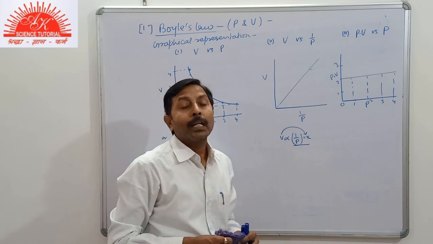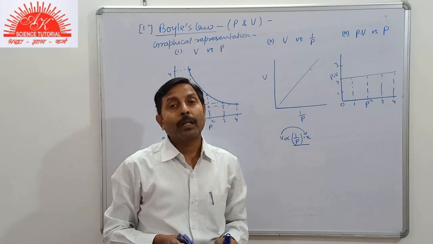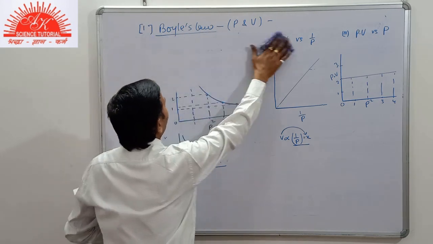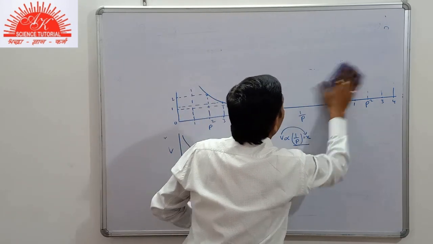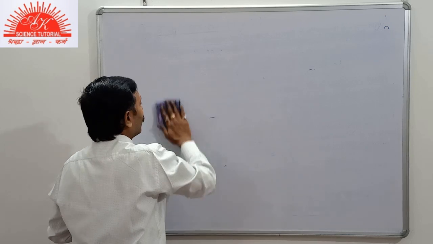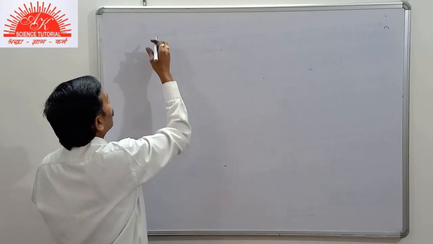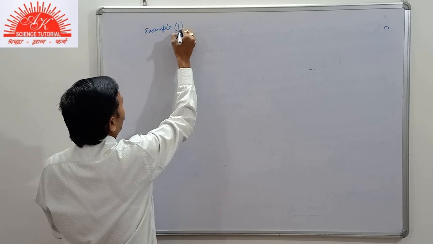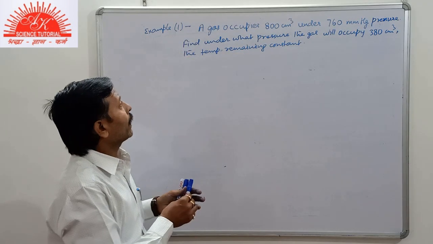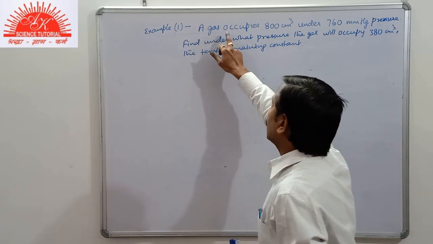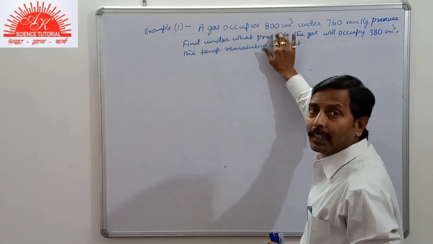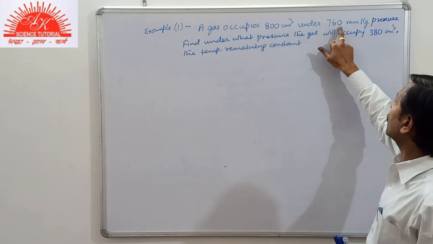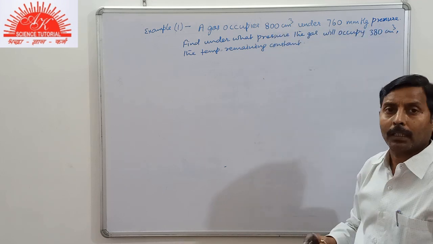Now students, we will solve some numerical problems. So the first example, that is example number 1. The example is, you can see here, it is written, a gas occupies 800 cubic centimeter under 760 mmHg pressure.